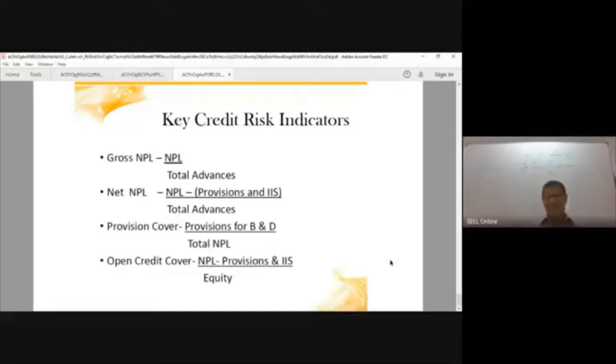That means, in case we have to write off all these, whether we have at least shareholders' money to do so. Generally we don't, but we would like to cover a certain percentage. So open credit cover gives that blanket cover of how shareholders' money can be utilized in case of a real bankruptcy rather than touching the depositors' money.